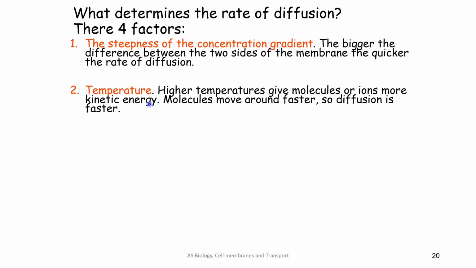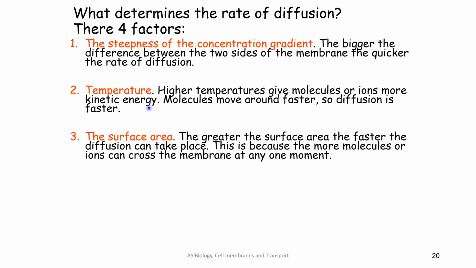So heating up that water creates more energy and allows those molecules to diffuse faster. Another factor is the surface area. The smaller a thing is, and this is why cells are so efficient, because they're so small, they have a huge surface area.